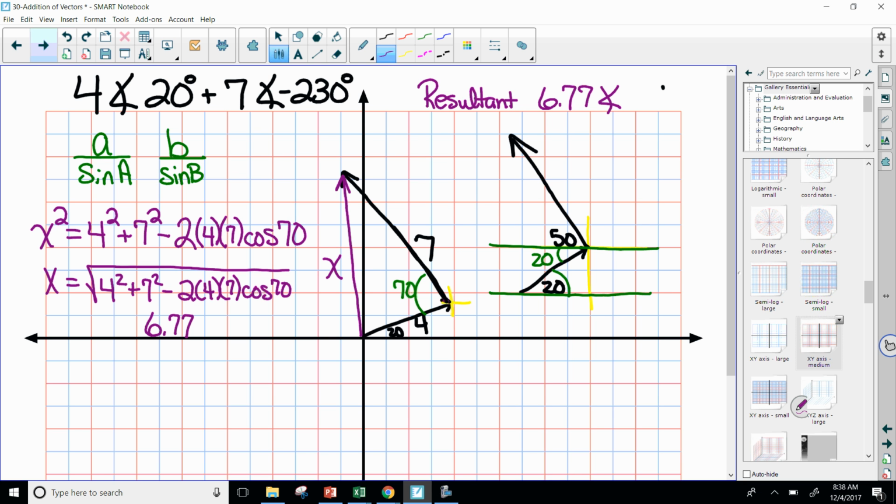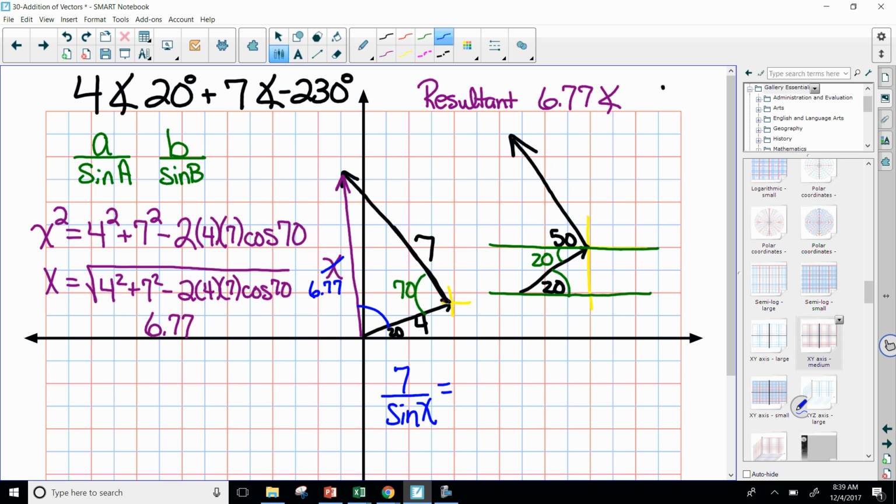Well, I can figure out what the angle is inside right now. Let's go with blue. I want to know that angle right there. That's opposite of 7. So I have 7 over the sine of the angle that I'm looking for. I know that this x right here is now 6.77.